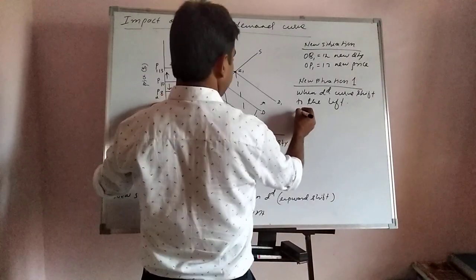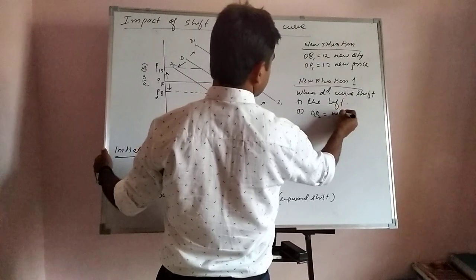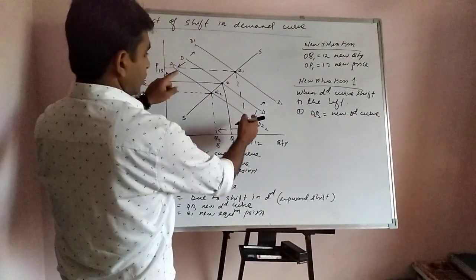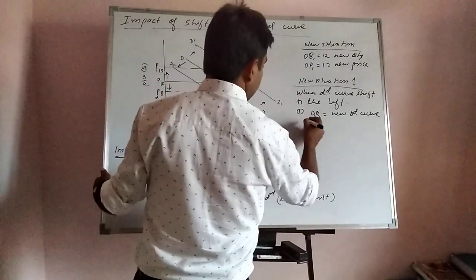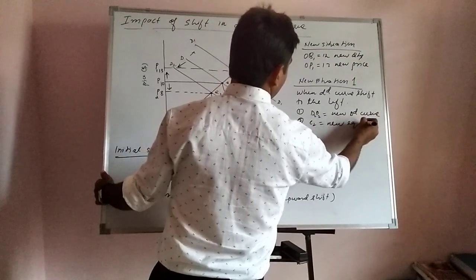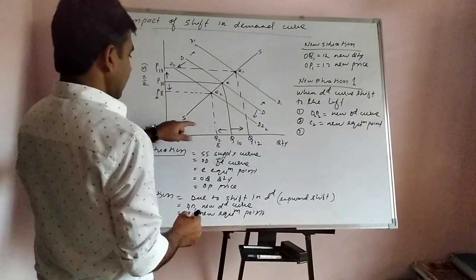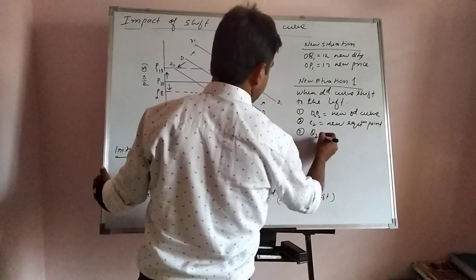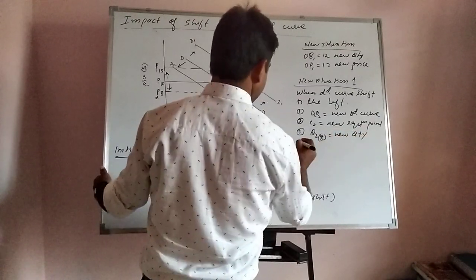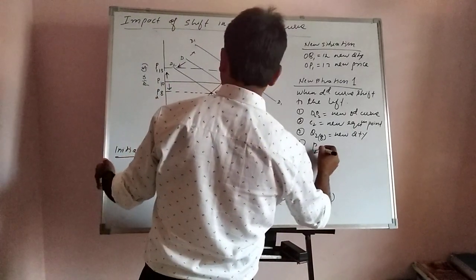So here we have D2, the new demand curve, E2, the new equilibrium point, and Q2, that is 8, the new quantity, and P2, the price, that is 8, the new price.